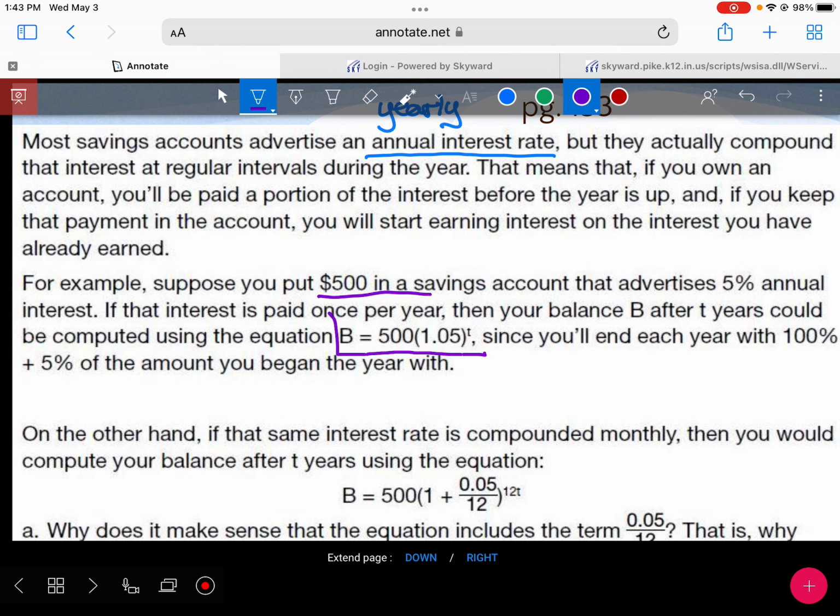B equals 500 times 1.05 to the T power. Since you'll end each year with 100% plus 5% of the amount you began the year with, okay? So that is if they compound it yearly, if it's paid once per year, okay?